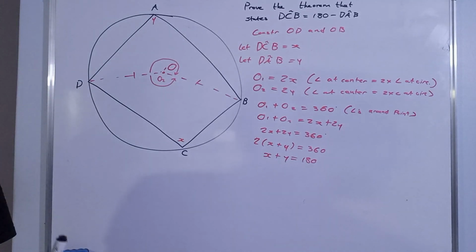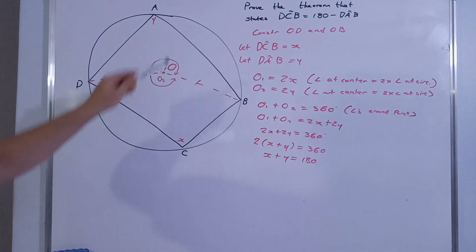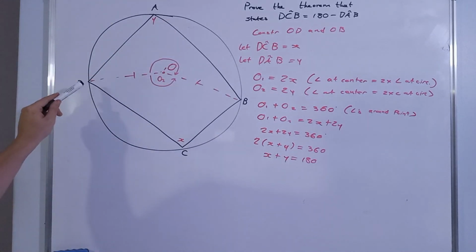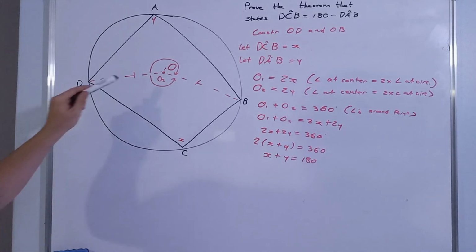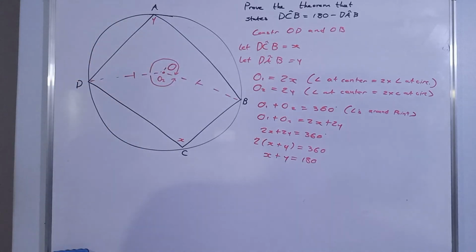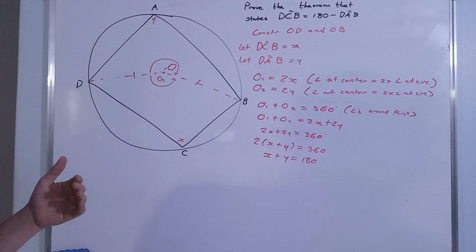The proof is done. So to run through the process for this proof once again, we start off given what you see constructed in black. We draw in 2 radii, calling them OD and OB in this case. We let DCB equal x and DAB equal y. Those are the angles that we need to prove supplementary. What we then do is we show that O1 and O2, the 2 angles at the center, add up to 360.